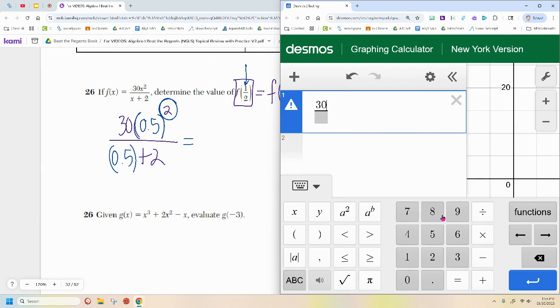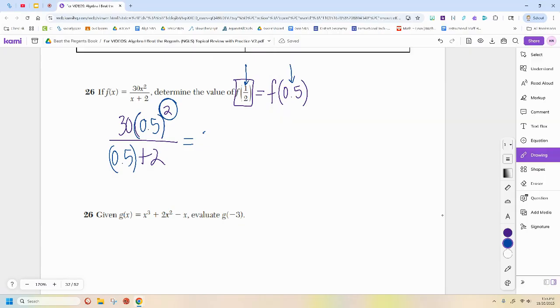So 30 parentheses 0.5 squared, and I'm double checking, yep, looks good. Go to the denominator, 0.5 plus 2, and my answer is 3. And that question is done.